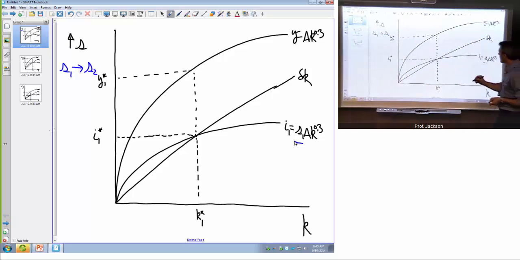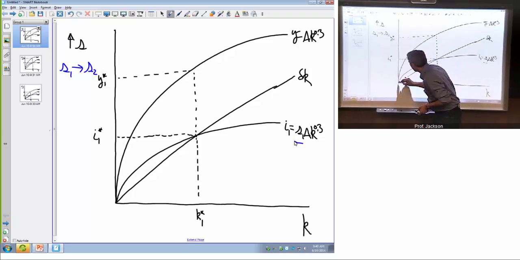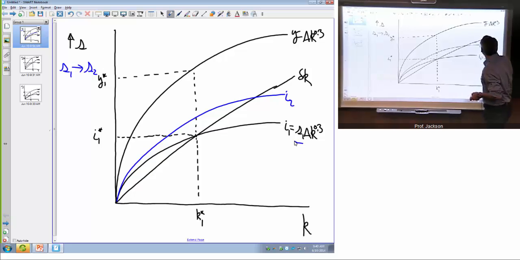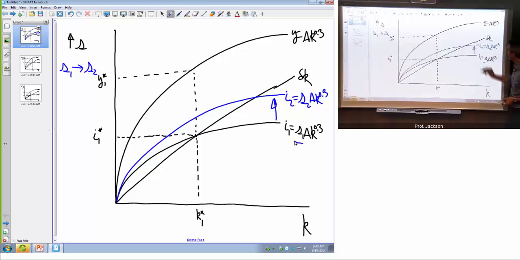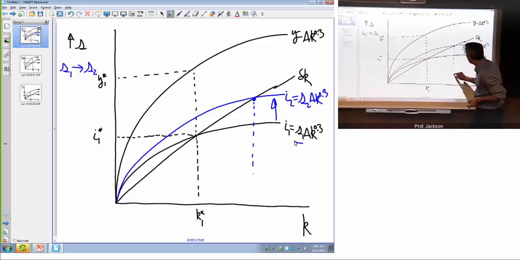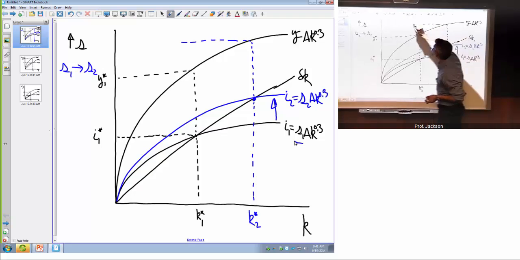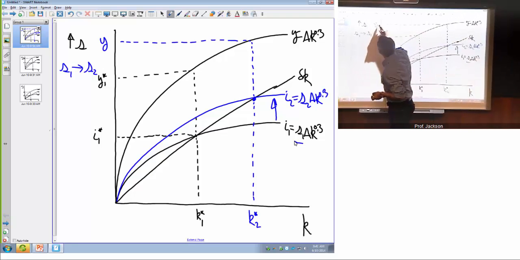And in this picture, what's going to happen is that's going to rotate up our investment function so that our investment function looks like this. So that investment function rotates up. And of course, what that gives us is a new steady state level of capital where that investment line intersects the depreciation line. And that also means we have a new steady state level of output per person.